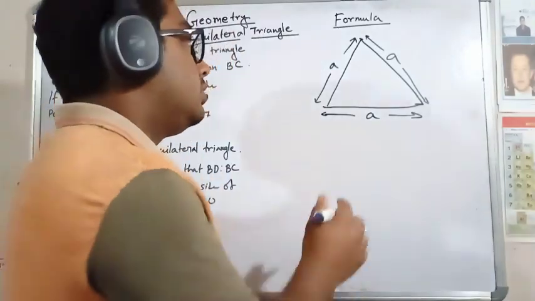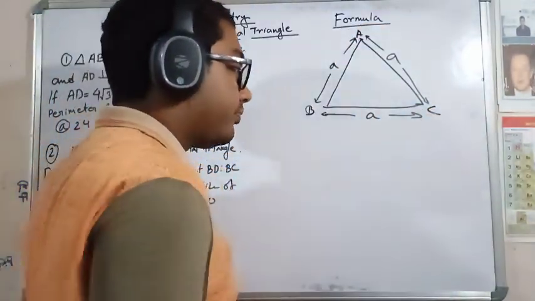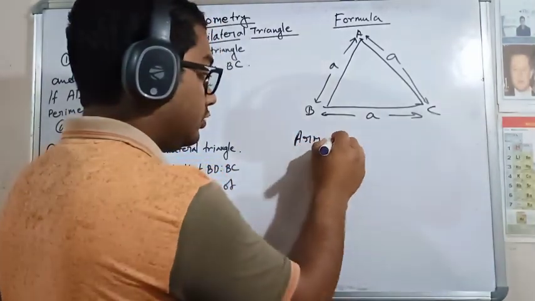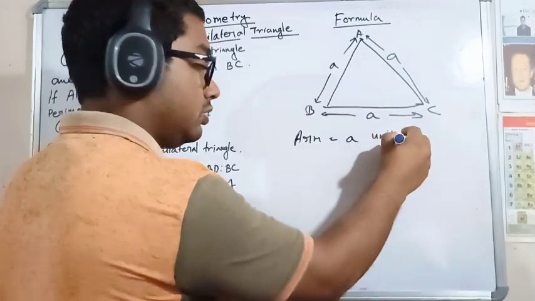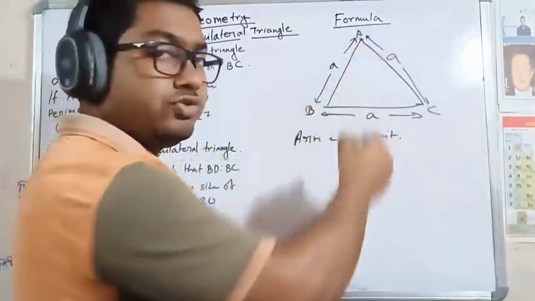Okay. So I just take a nomenclature of this. So the arms are A units. Okay.